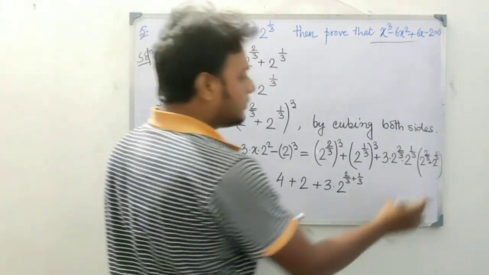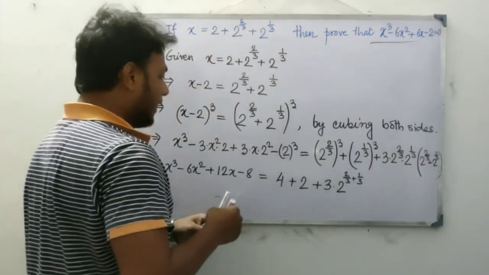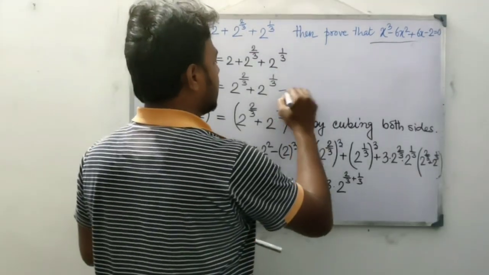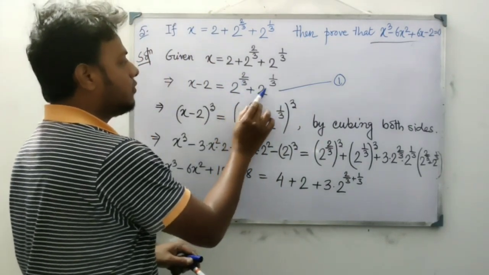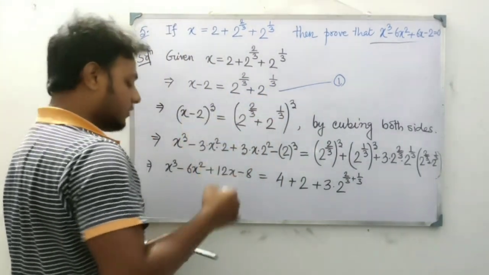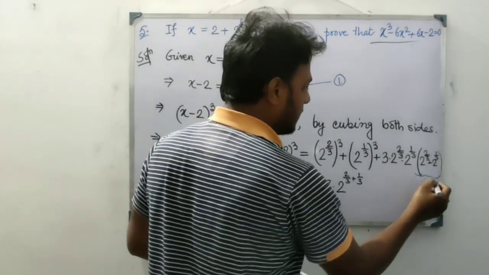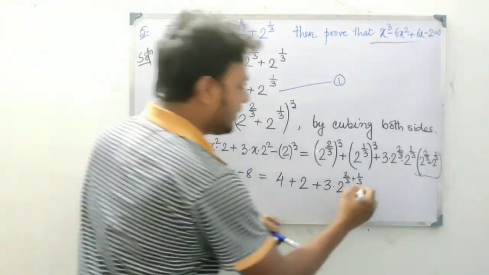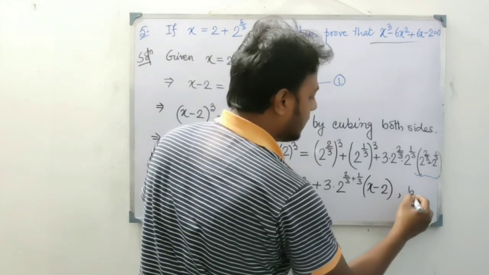So we have to change this part, 2 to the power 2 by 3 and 2 to the power 1 by 3. From this line, if we name it as 1, then in the place of 2 to the power 2 by 3 plus 2 to the power 1 by 3, we can write x minus 2, and write here by 1.